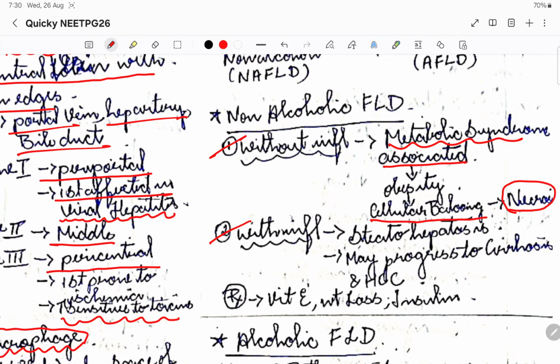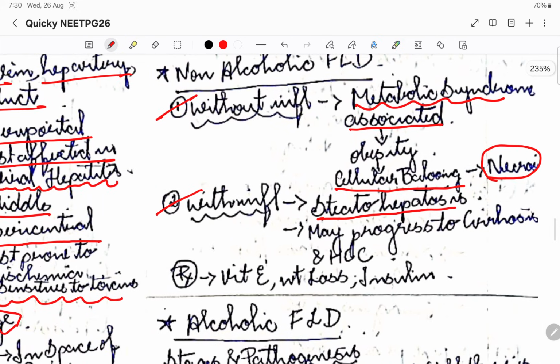Then with inflammation means it is steatohepatitis, basically the fatty liver thing. Again the same thing happens, but with inflammation. Oxidative stress will happen and it will lead to cirrhosis and hepatocellular carcinoma. So how do we manage it? Vitamin E has been proven to reduce oxidative stress, right?